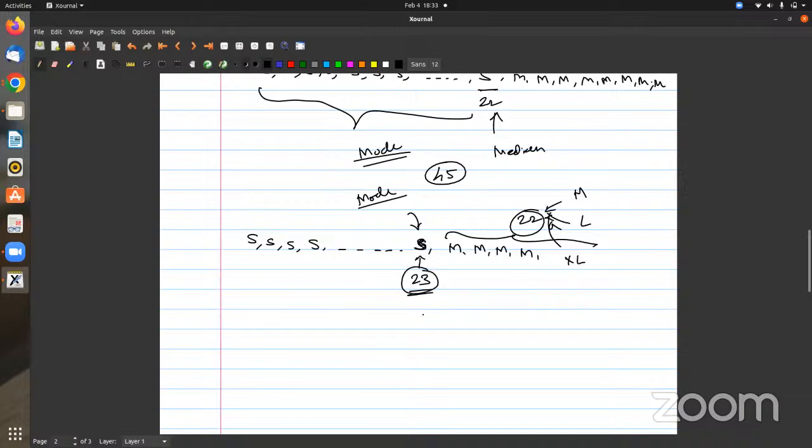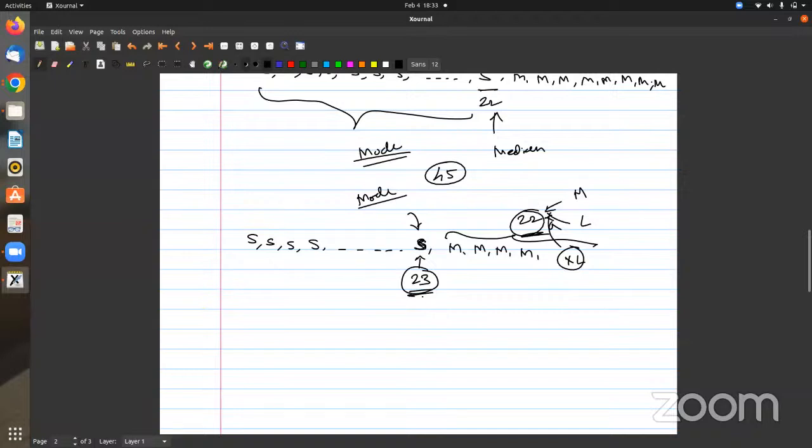Definitely not. If all 22 remaining players are wearing L size jersey, then still it is not a mode. If all 22 remaining players wear XL size jersey, still it is not a mode, right? And with any other combination, some medium, some large, some XL, the mode will not be possible.